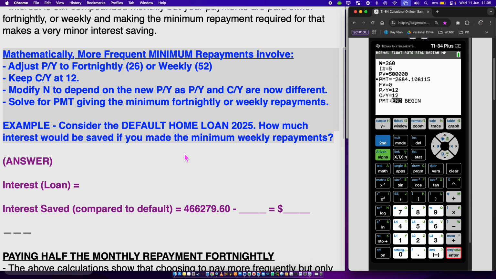So the example we're going to do is choosing to make the minimum weekly repayments.